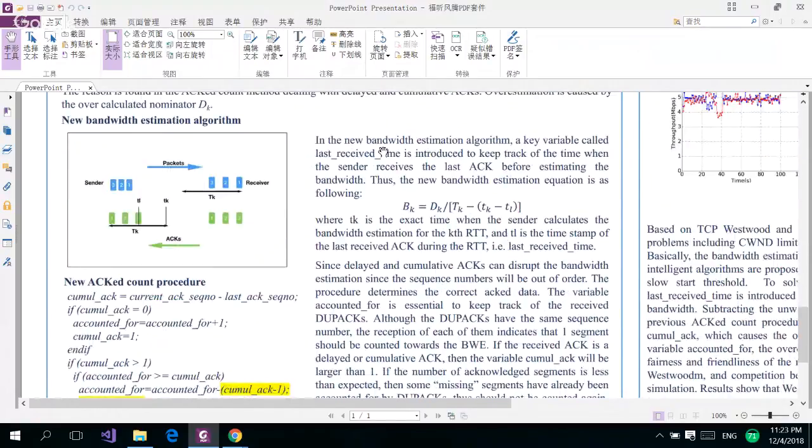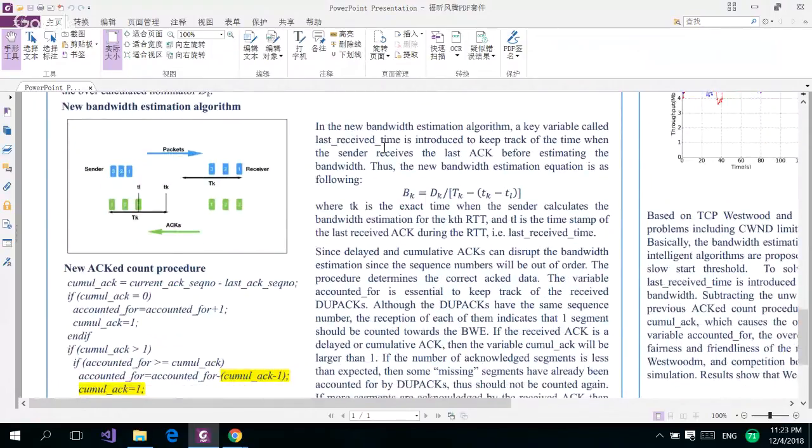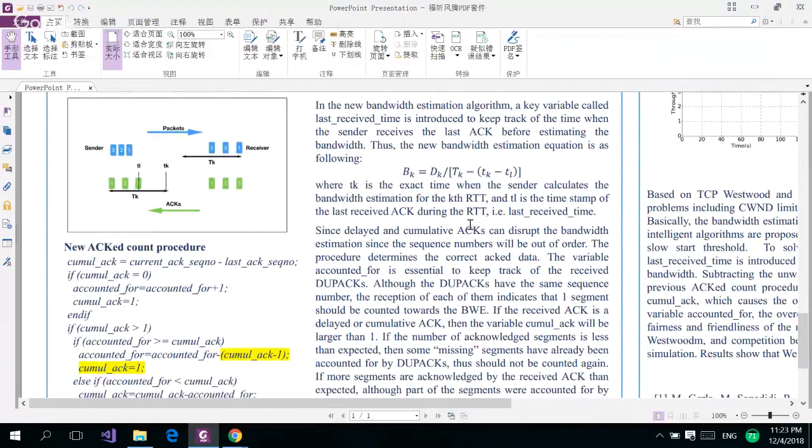In the new bandwidth estimation algorithm, a key variable called last receive time is introduced to keep track of the time when the sender receives the last ACK before estimating the bandwidth. Thus, the new bandwidth estimation equation is as the following, where tk is the exact time when the sender calculates the bandwidth estimation for the current RTT, and tr is the timestamp of the last received ACK during the RTT, which is equal to the last receive time.